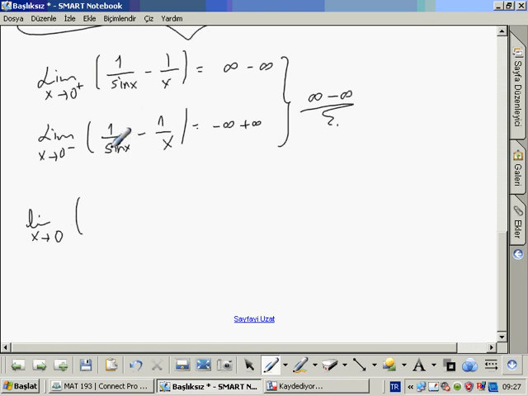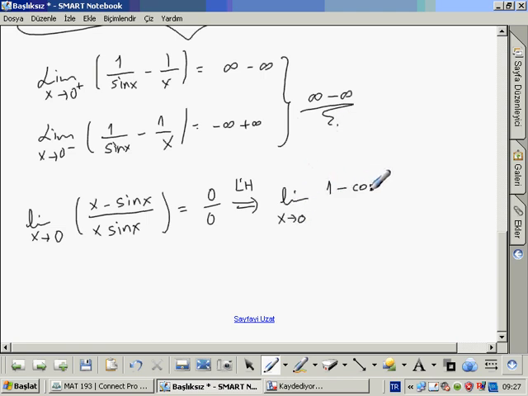When you multiply by the denominator parts of both terms, you will obtain x minus sine x over x times sine x, and it's equal to, we know, 0 over 0. Let's use the L'Hopital's rule, and what will we obtain? The limit as x goes to 0, 1 minus cosine x over sine x plus x cosine x.